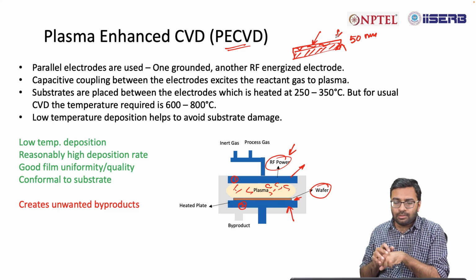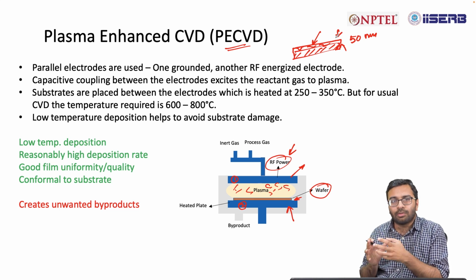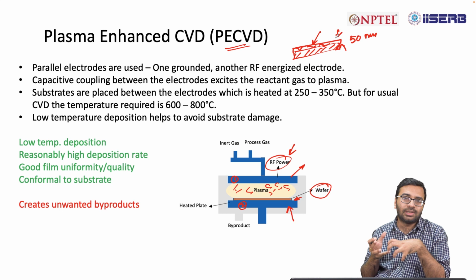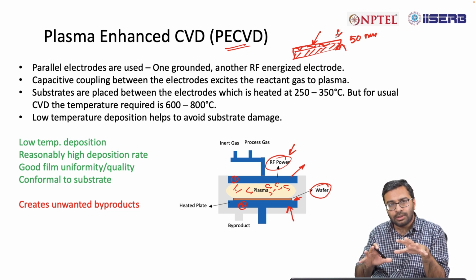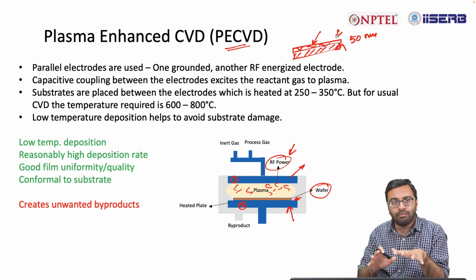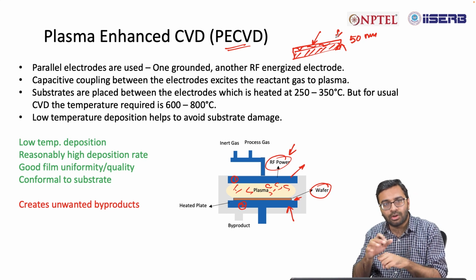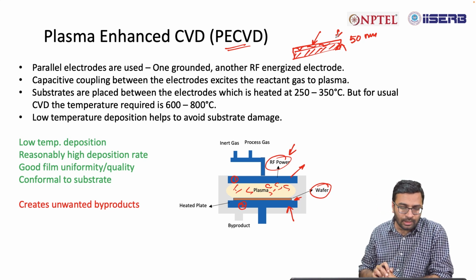Then this also will help a conformal deposition, just in case you have a pattern on the substrate. So, it has sufficiently good conformal deposition, or it will ensure a conformal deposition on a patterned substrate as well.